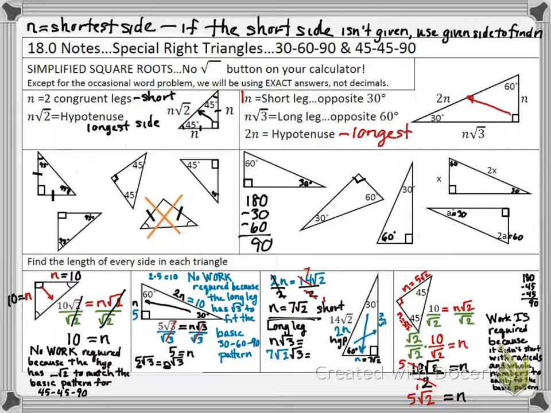So now I have my long leg is 7 root 6. If it's possible to split up a radical, you should split it. But if I try to split up the root 6, I get 2, I get 3, I get no pairs, so it didn't do me any good. So now I have 7 root 6 for this long leg.